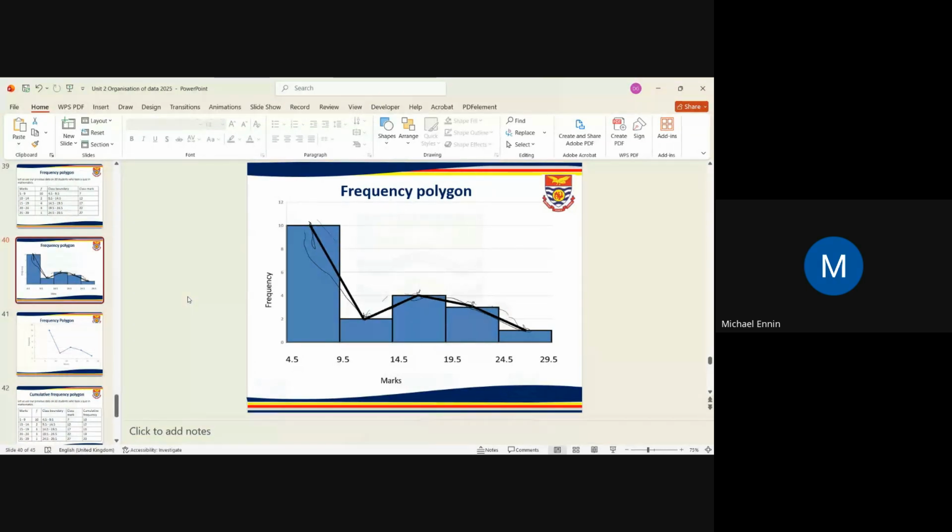Yes. He said that a histogram is more suitable than a bar chart for drawing a frequency polygon because histograms represent continuous data. However, if the bar chart represents grouped numerical data, you can still use it to construct a frequency polygon.